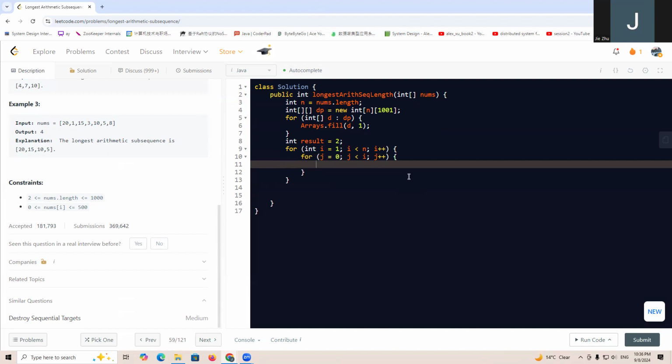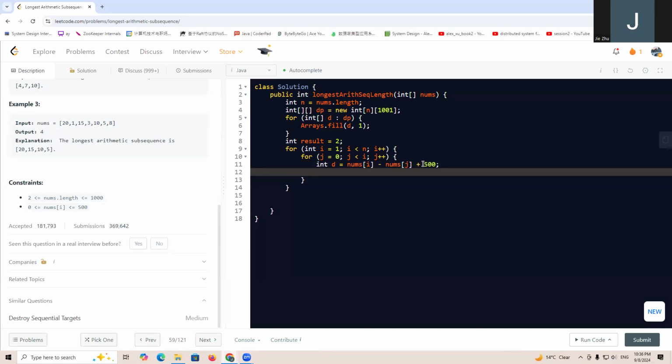And then let's get the common diff. We say d equals nums[i] minus nums[j]. This common diff has a data range of minus 500 to 500, so we can shift it to be a positive number.